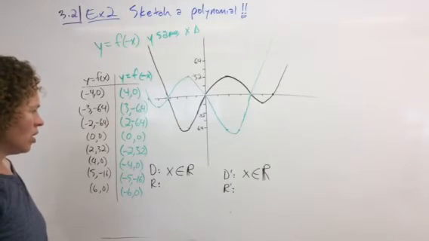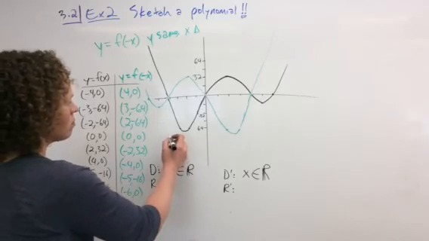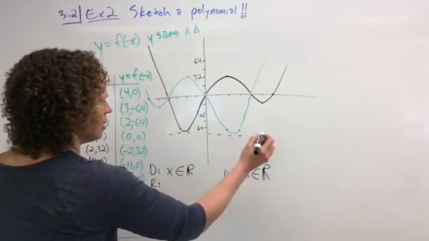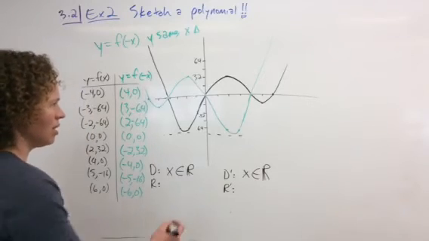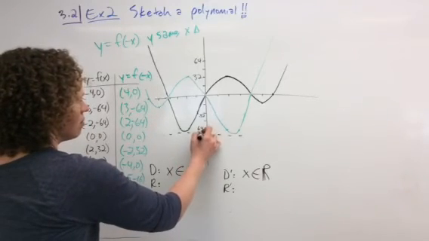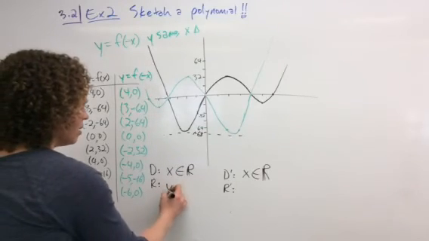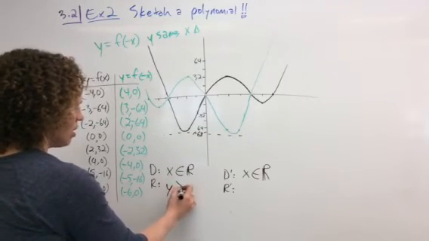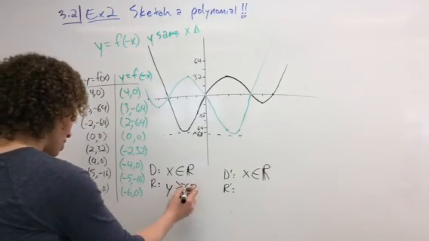However, the range actually caps out right there, and your book approximated that at about 68. So that means y is going to be greater than or equal to 68. Sorry, -68.